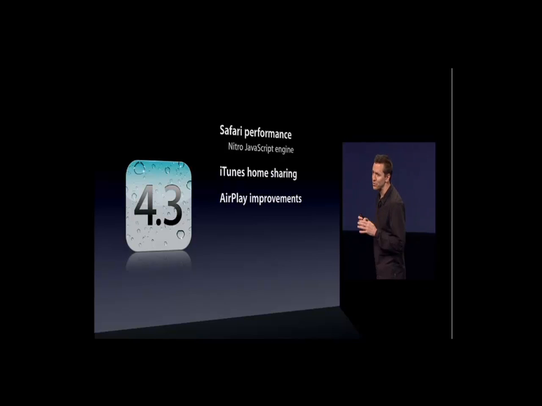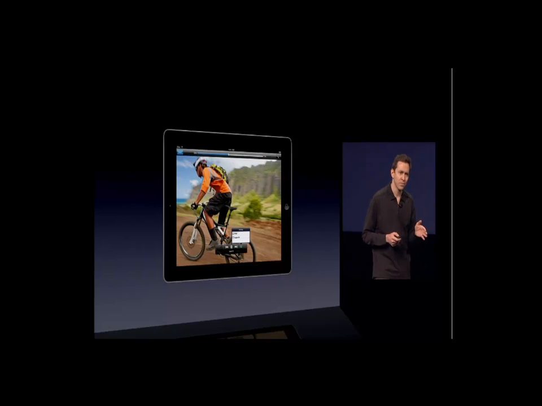Next, we have some really nice AirPlay improvements. It was only a few months ago that we released AirPlay, and it is absolutely the best way to get your photos, your music, your movies, and TV shows from your iOS device up to your television using Apple TV. Let's say you're watching a movie.